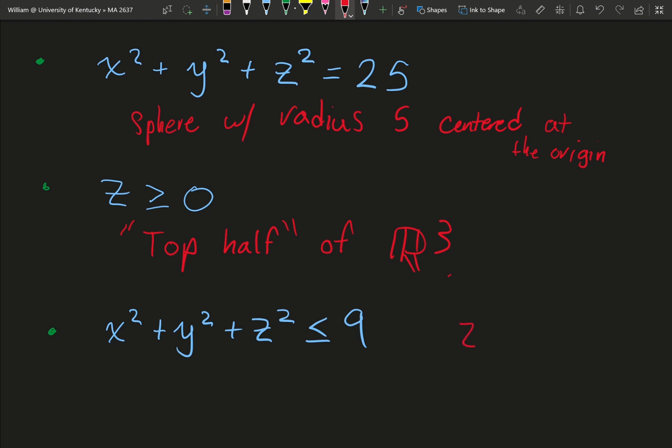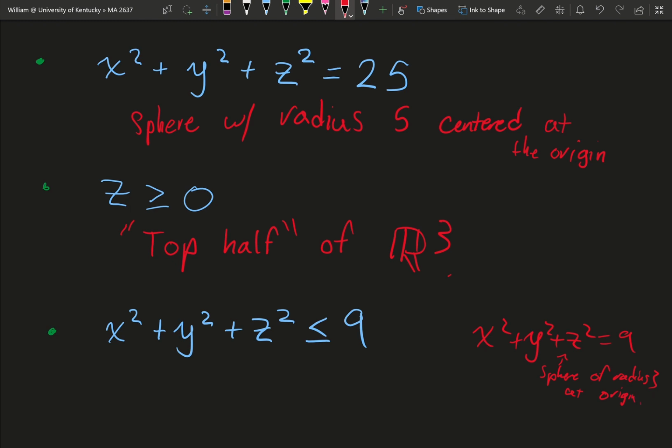So x squared plus y squared plus z squared, if that equals 9, then we know that this is a sphere of radius 3, centered at the origin.